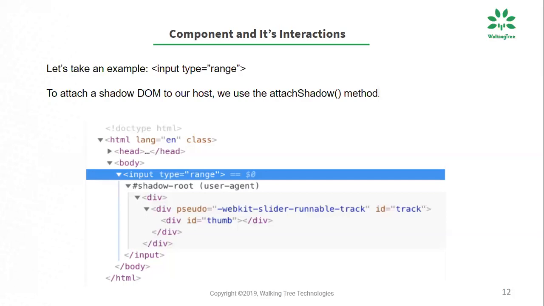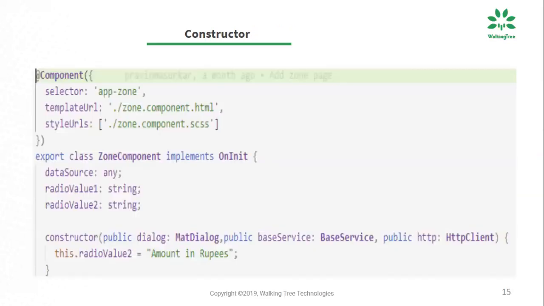The main intention behind the component is also the same. We have a template. You can see a div section, we can see that as a template. The selector is input, and I can see the selector is there, app zone is there, right? That is input. And the template is the template URL, or we can also write the template directly.